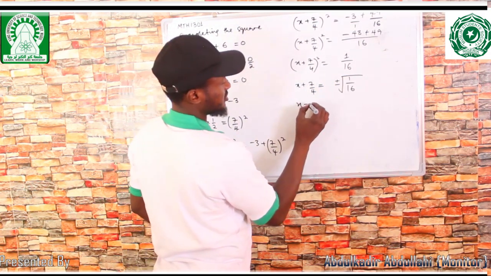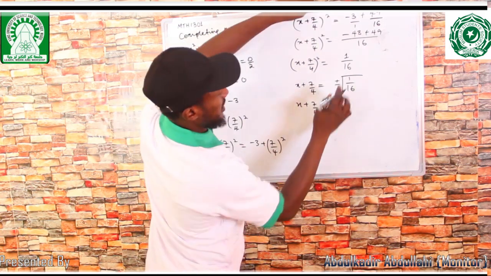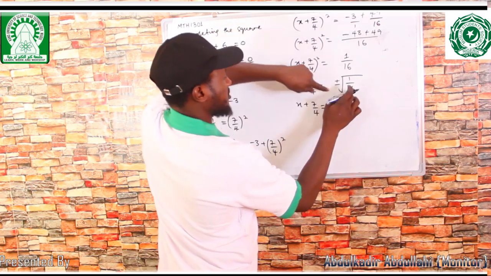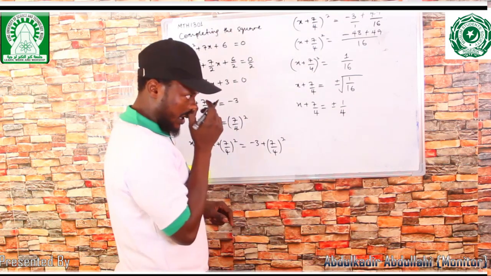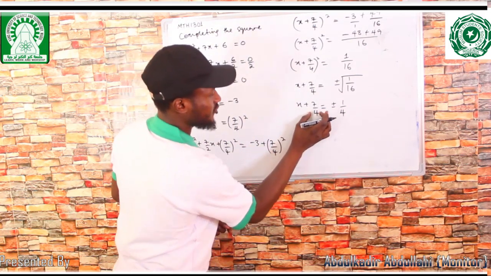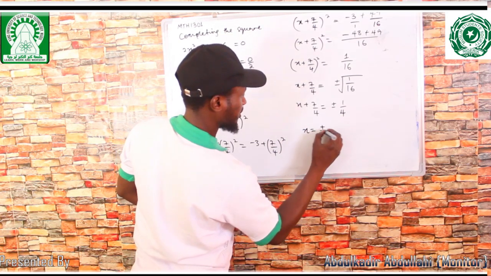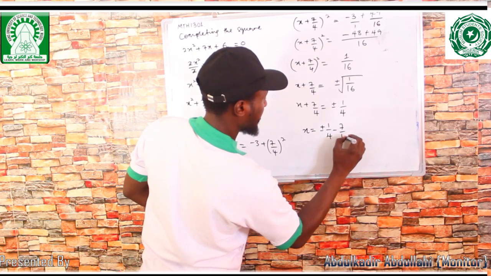So we have plus or minus the root of 1, which is 1, over the root of 16, which is 4. Then we collect like terms: x is equal to plus or minus 1 over 4 minus 7 over 4.